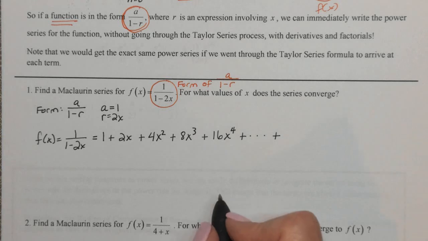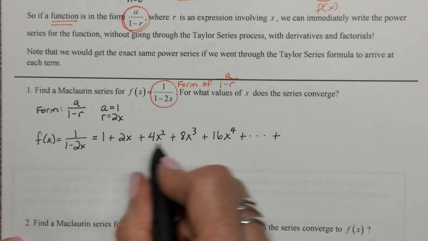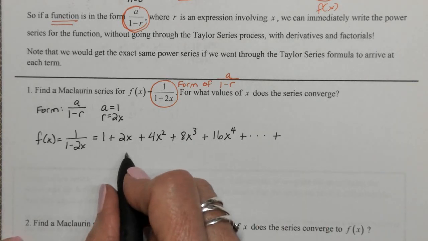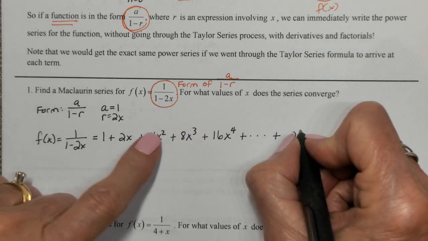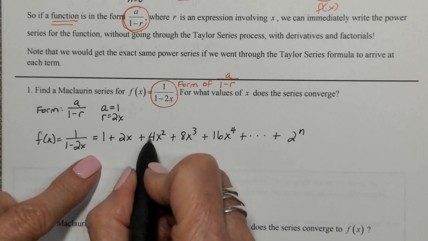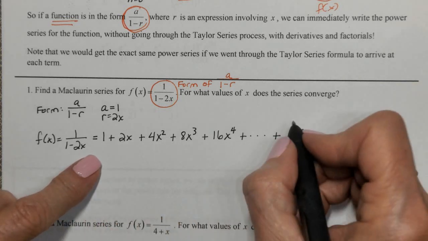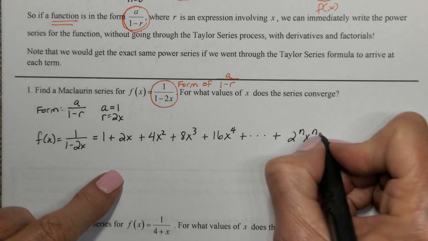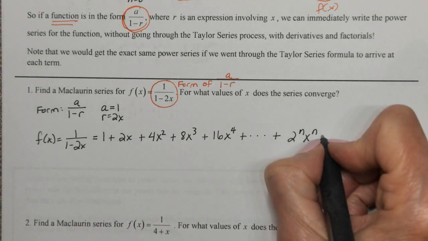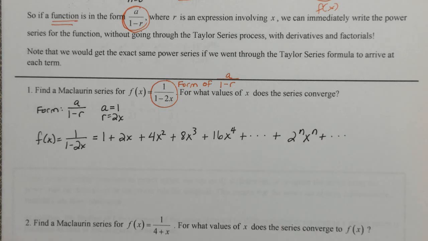The general term would be, well, everything is positive, we would just have 2 to the n, because we're multiplying by 2, and then x to the n, that's also increasing by 1 each time, 2 to the n, x to the n, and that would be our general term.